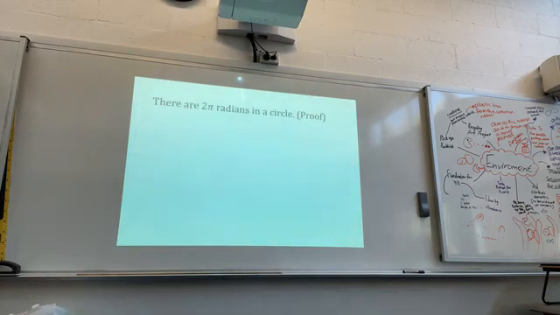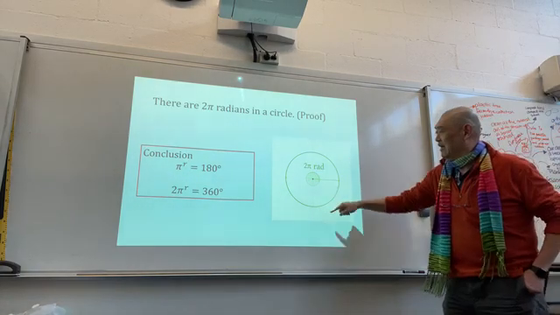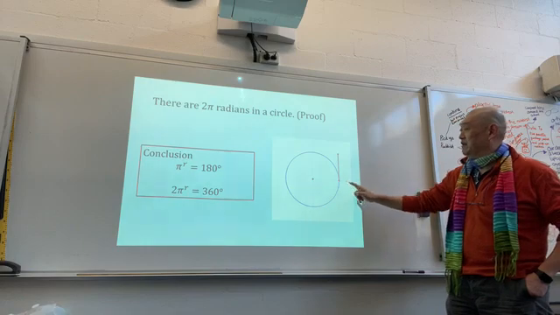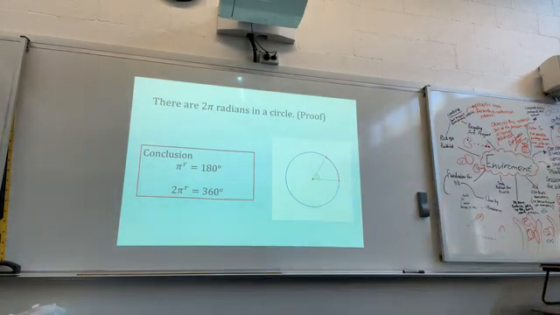Now, I am going to say that there are 2 pi radians in a circle. Let me prove it to you. Let's have a look at the diagram. See how it's moving. That's pi radians. Watch again. We start off with that, that's a radius, that's 1 radian.